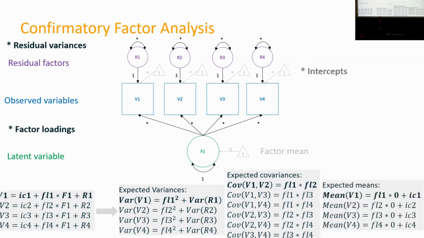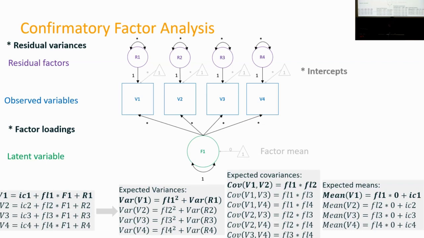And we also have the expected means, and that is important for now because in the end we want to compare means across time. And we want to know, can we really do that? Or is there a measurement problem? So the means model is also important here. In the cross-lagged panel model, we kind of ignored it. But here it's really important.